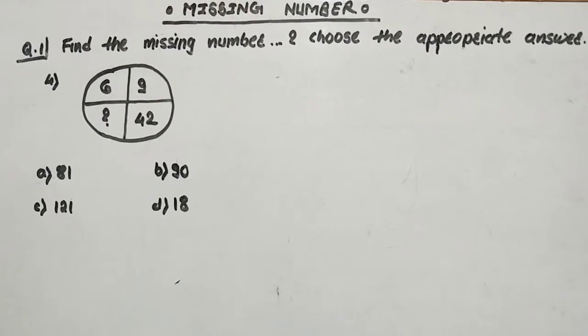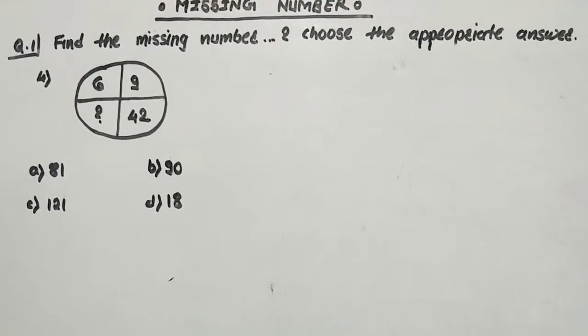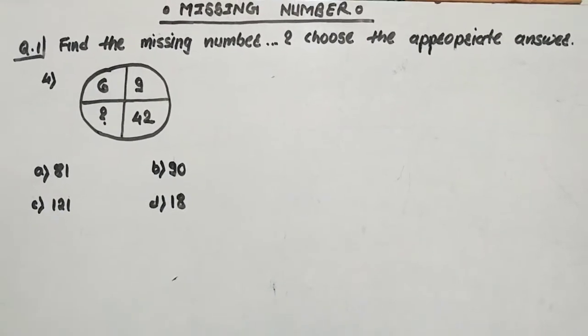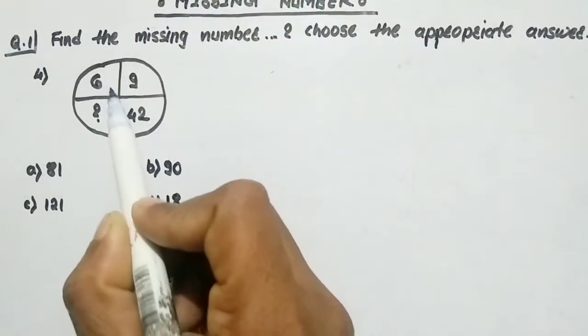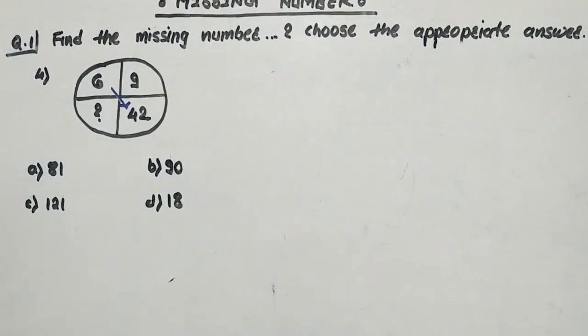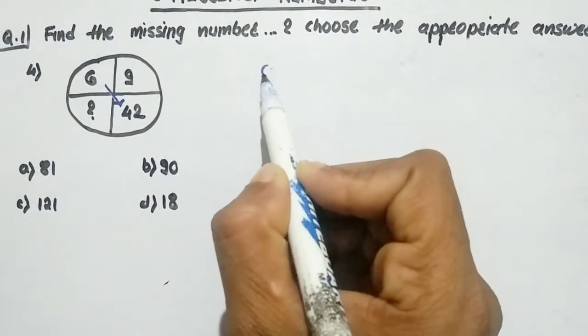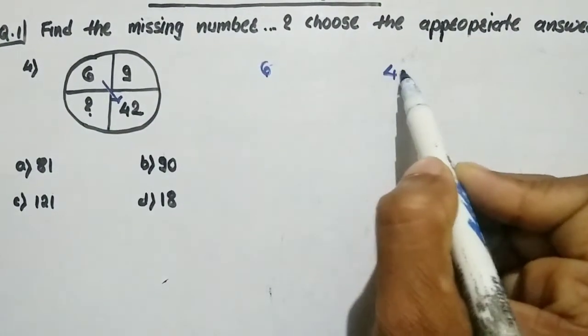So example number 4, find the missing number and choose the appropriate answer. In such diagrams we always note that there is a cross sign, 6 and 9 opposite. So I write here just 6 and 42, right.